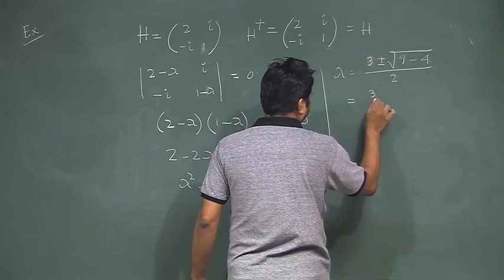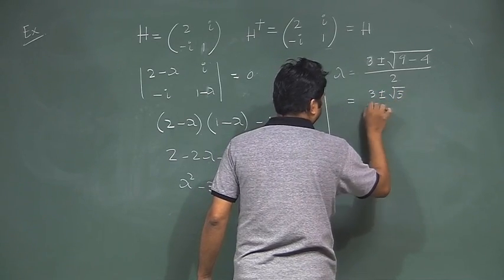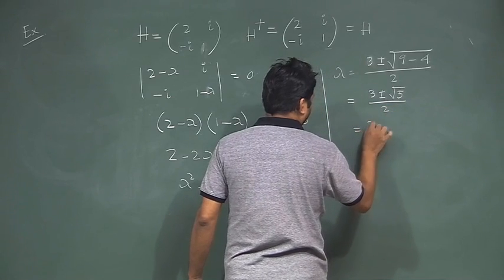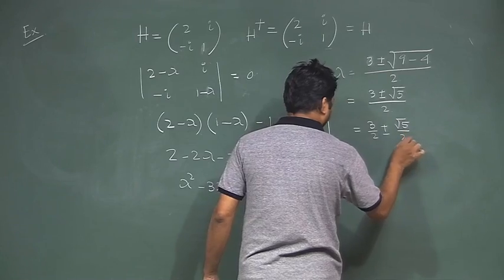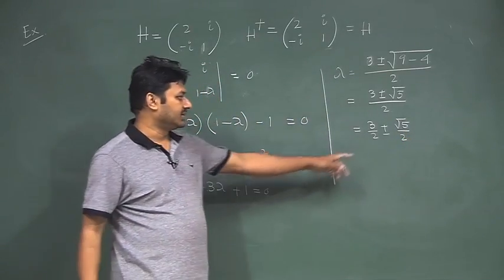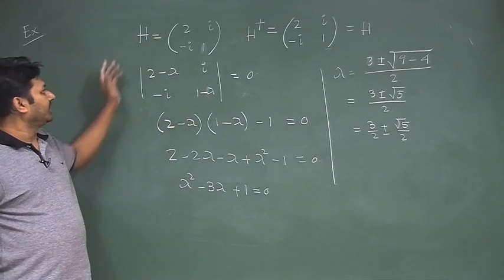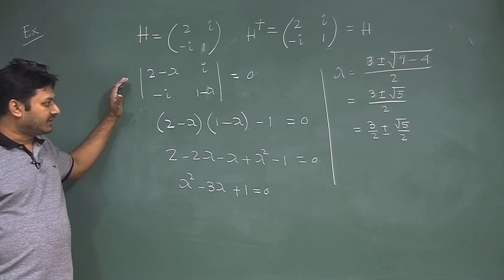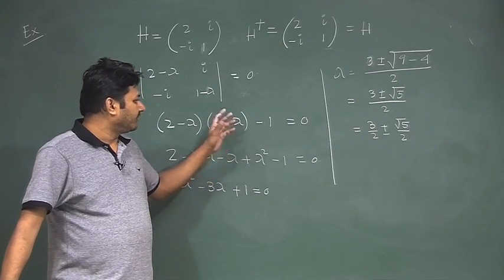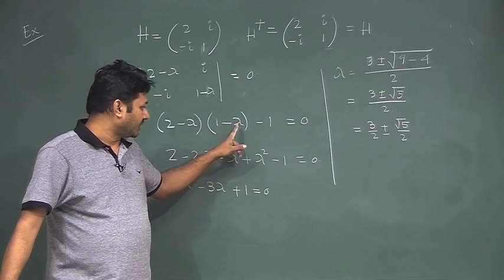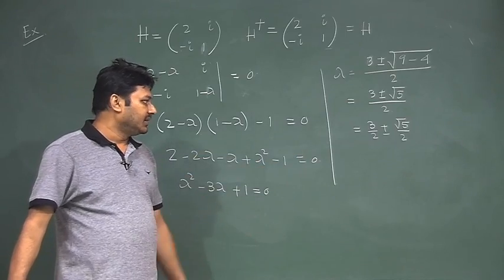Finally, I will have 3 plus minus root 5 divided by 2, or 3 by 2 plus minus root 5 by 2. But the thing is that this quantity is real. So, just a simple check: I take an arbitrary Hermitian matrix, try to find the eigenvalue, and the eigenvalue comes out to be real as expected.